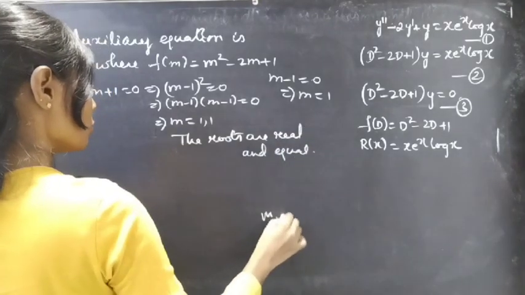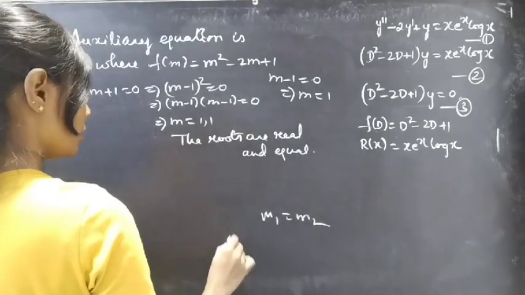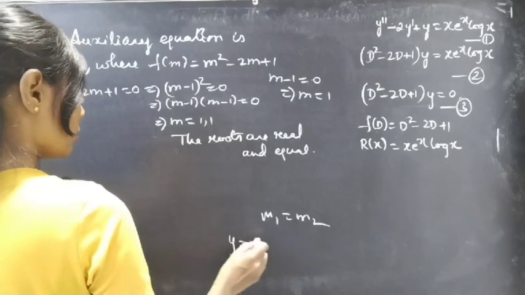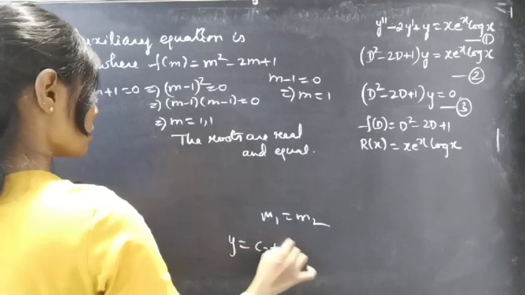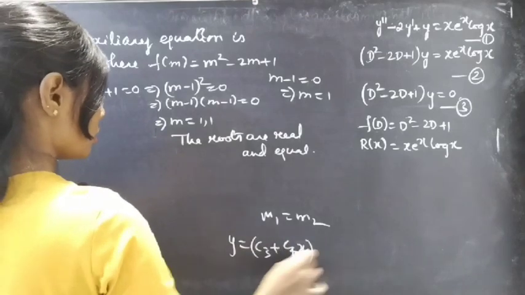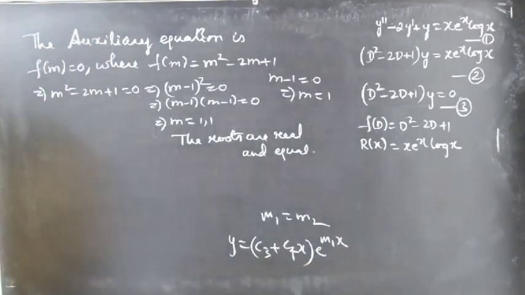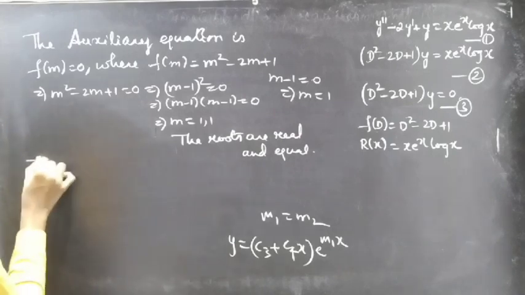We know that when two roots are real and equal, the solution to the homogeneous equation looks like c1, or c3, plus c4x into e power that equal root into x. Here I am taking c3, c4 instead of c1 and c2 because I want c1 and c2 to appear in the last general solution. Now coming to the homogeneous equation solution.